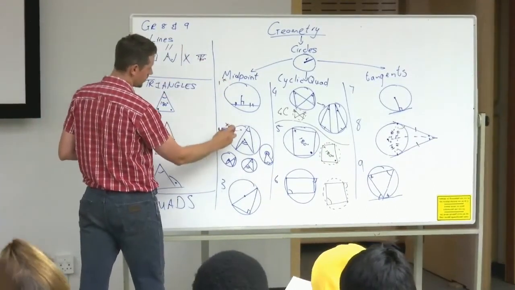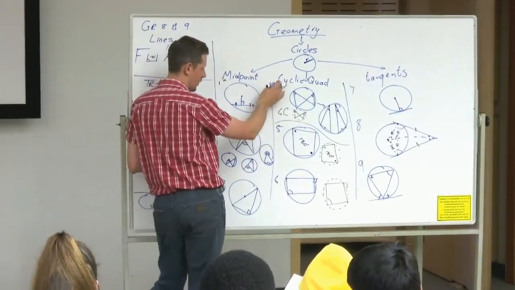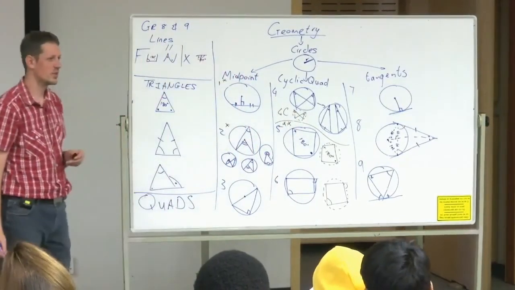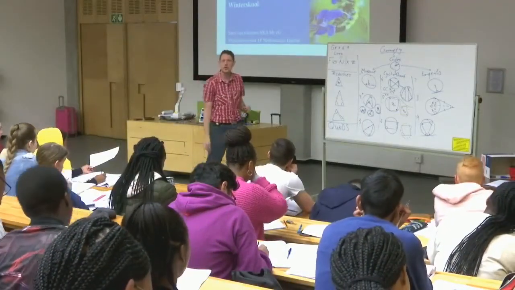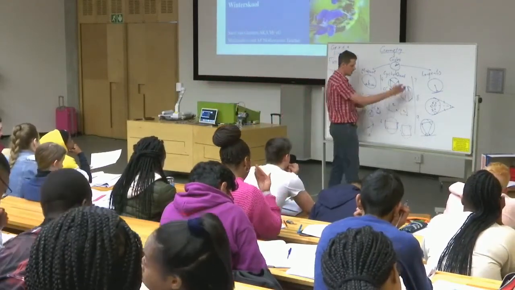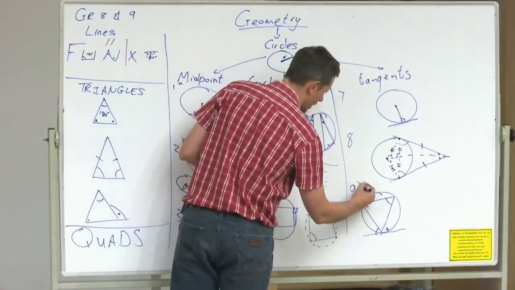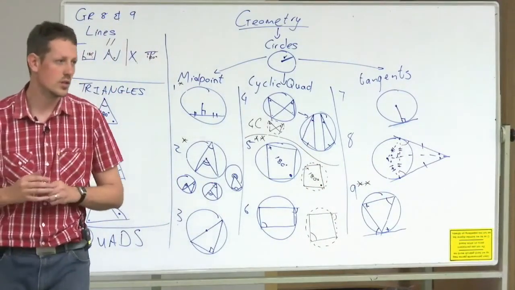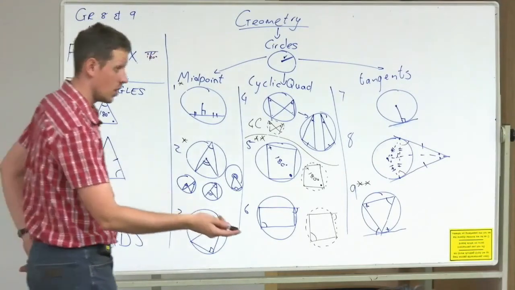So theorem 1 and theorem 2 is important. Theorem 3 you don't have to know. Theorem 4 you have to know. Theorem 5 is doubly important, because we ask it quite regularly. Theorem 6, 7 and 8 you don't have to know. Theorem 9 is doubly important. Okay? No, but I'm saying to study the proof of the theorem.